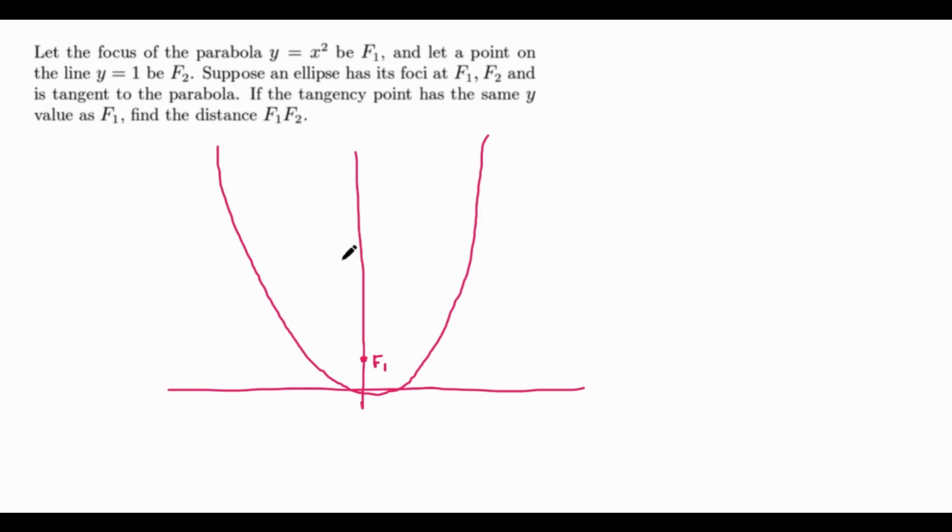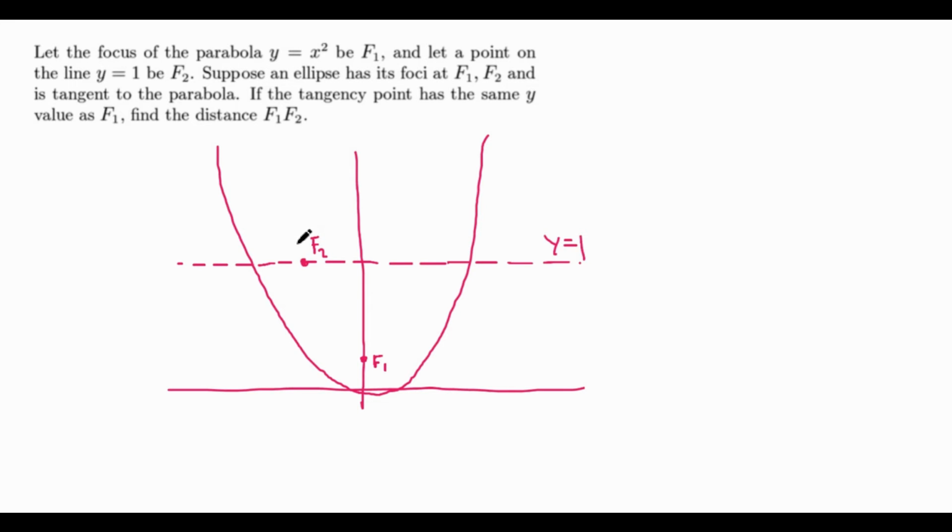And let the point on the line y equals 1. So that'd be around here. Y equals 1. Be F2. So let's just draw a point here, F2. Now suppose an ellipse has its foci at F1 and F2 and is tangent to the parabola.